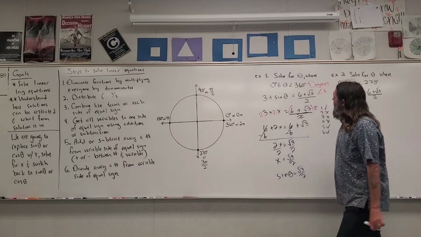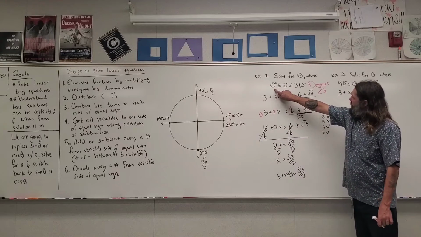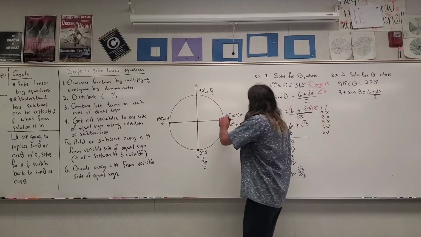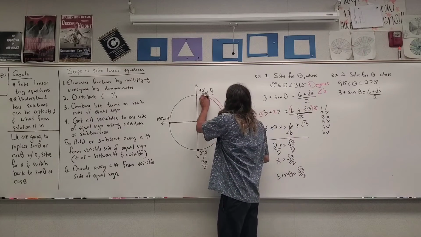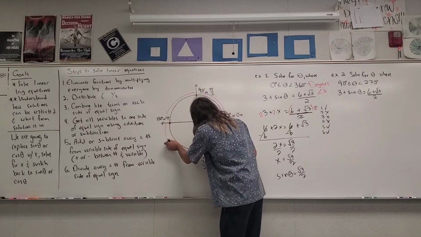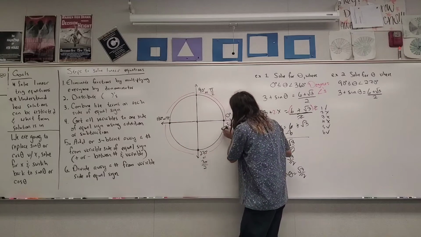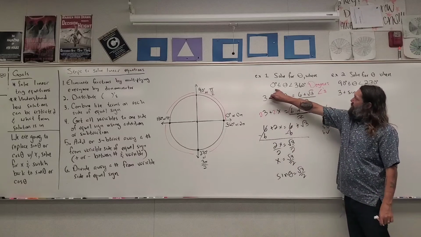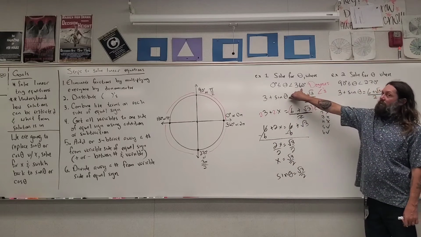And being that I can go from 0 degrees, including 0 degrees, all the way to 360 degrees, what that means is I'm allowed to consider an answer from anywhere on the unit circle. So anywhere I have highlighted in red represents 0 degrees to 360 degrees.